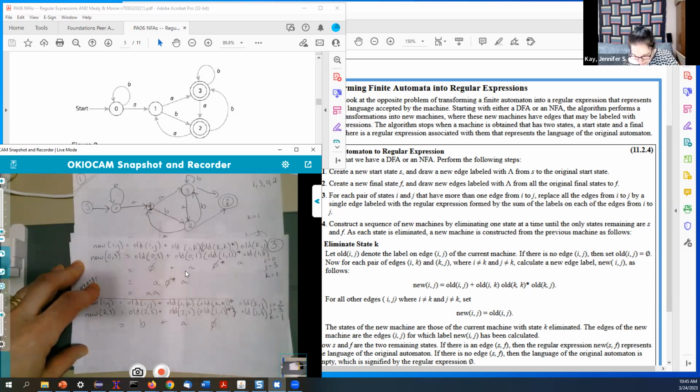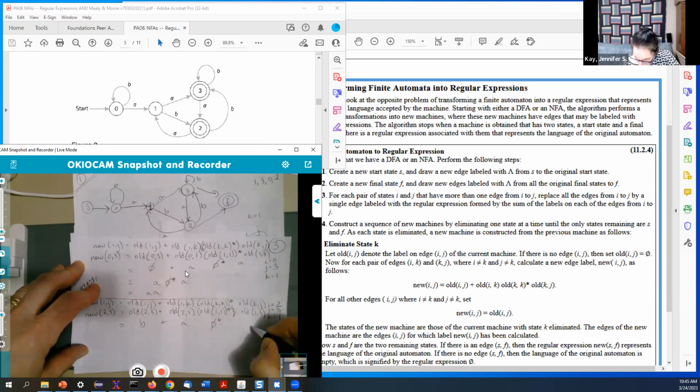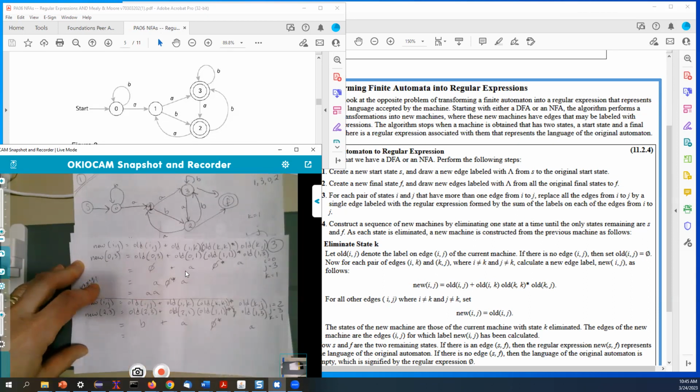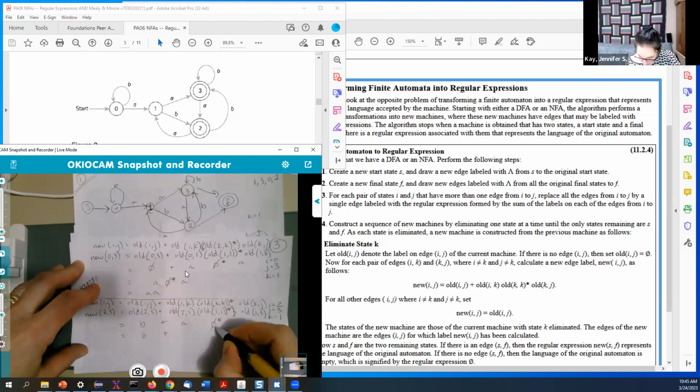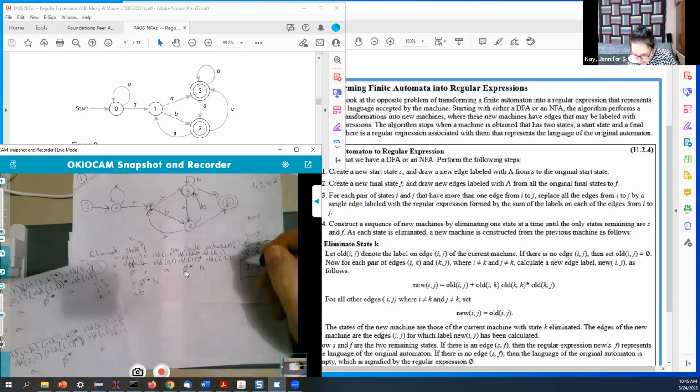Old 1 to 3, A. Oh, I forgot to put the star there. So that equals B plus AA, because this guy is actually just lambda. All right, we've done all 4 of these.